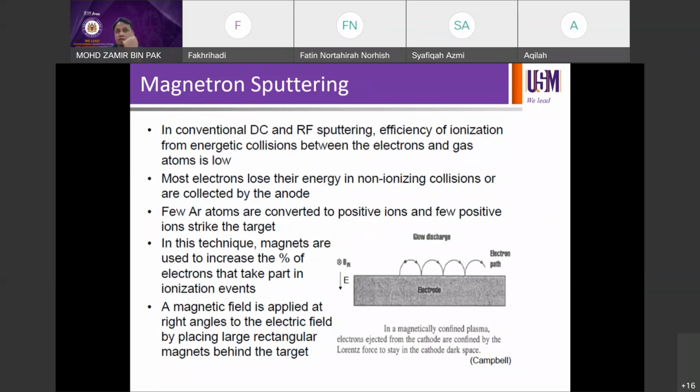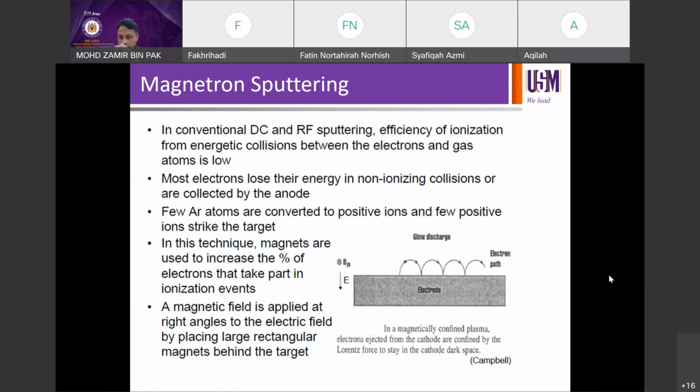If not oxide, ada lagi? Cuba tengok something else yang bukan oxide that can be produced by reactive sputtering. Right. Aluminium plus nitrogen, aluminium nitride, okay? Indium plus nitrogen boleh juga, indium nitride.